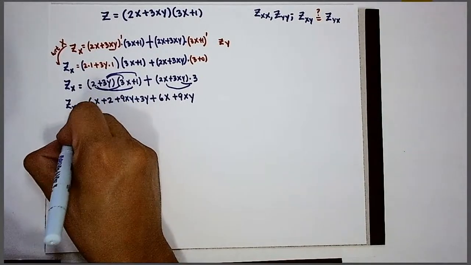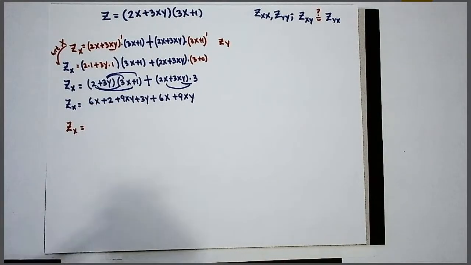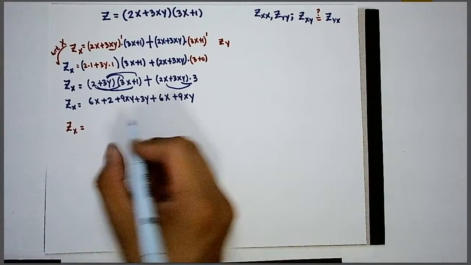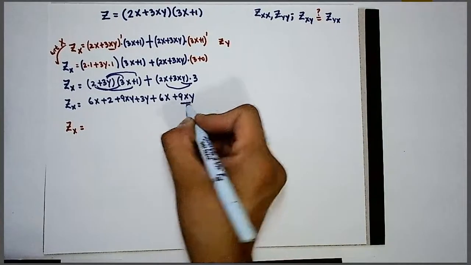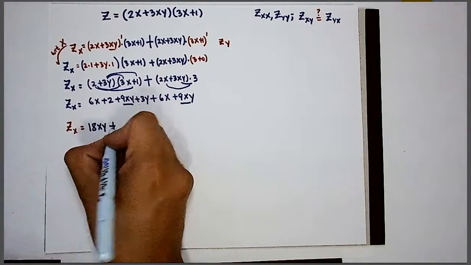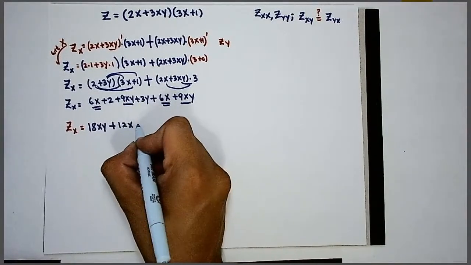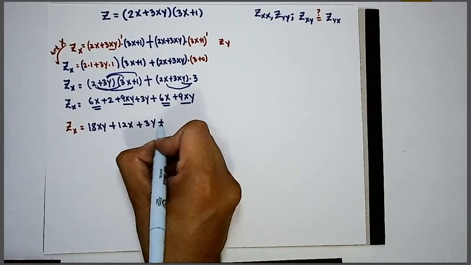So the first partial derivative with respect to x is 9xy plus 9xy is 18xy, plus 12x plus 3y plus 2.